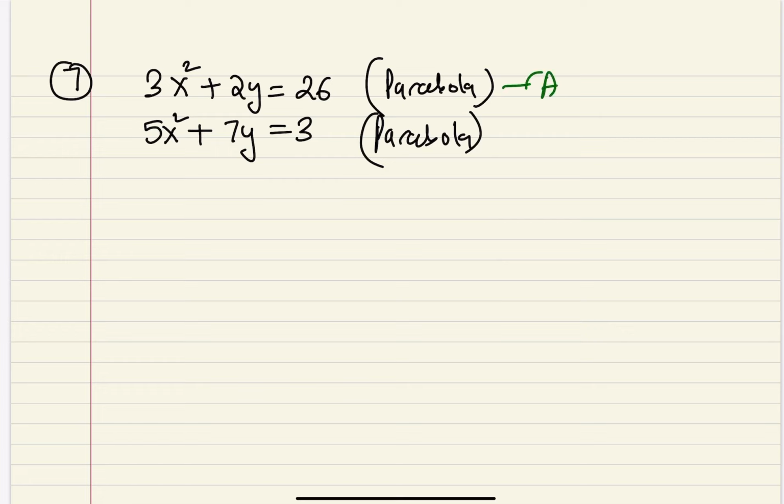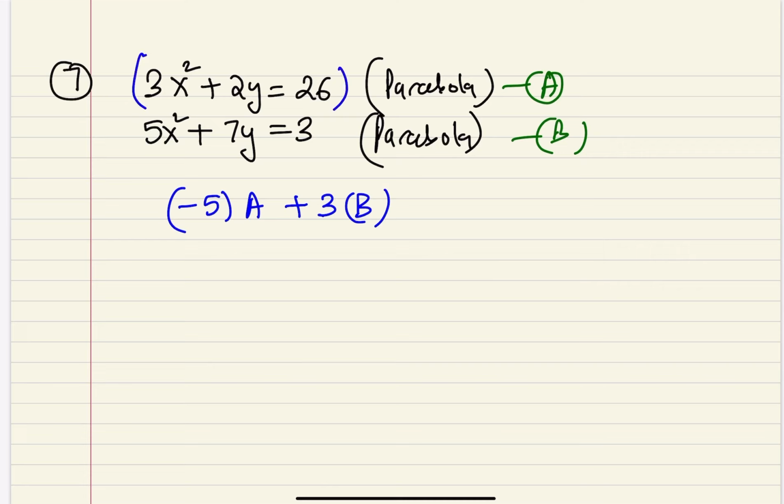So I'm going to call this equation A and call this equation B. I'm going to do negative 5 times the first equation plus 3 times the second equation. So I'm going to multiply the first equation by negative 5 and the second equation by 3 to get the coefficients of x squared the same but opposite. And then I'm going to add the two equations.